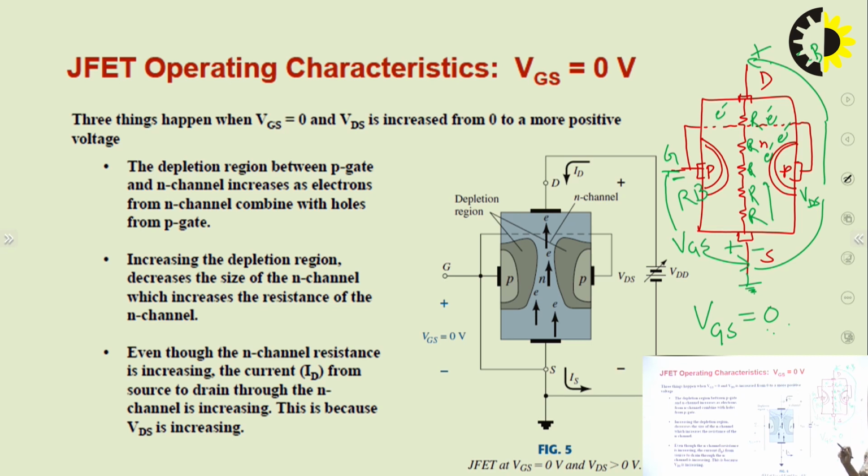As electrons are moving in this direction, the drain current will be flowing inward.